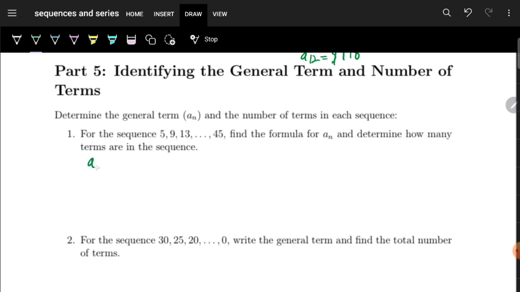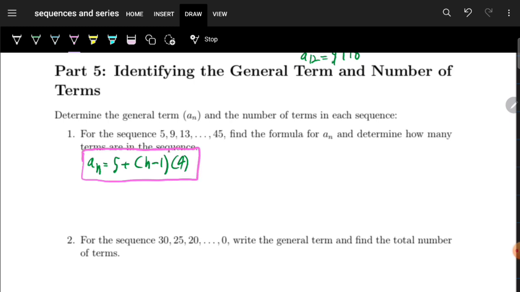The general term expression is an equals the first term plus the term number minus 1 times the common difference. And the common difference here is 4, right? We're going up by 4s every time. So this right here is the general term expression.